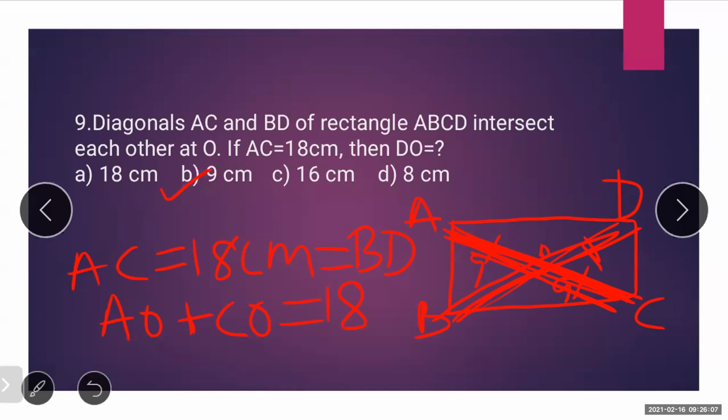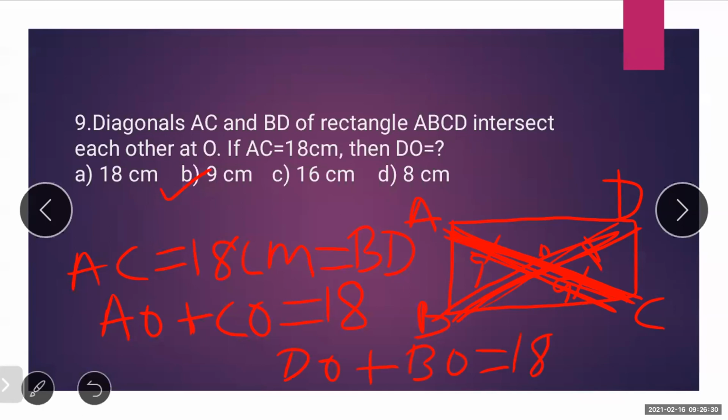Same case for the second diagonal also: DO plus DO equals 18 centimeter, as they are bisectors of each other.